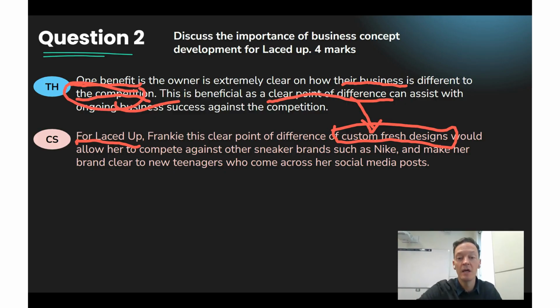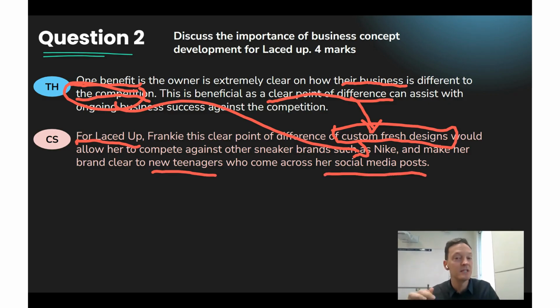So the competition, such as Nike, and make her brand clear to new teenagers who come across her social media posts. Specific things from this particular business that I've applied, why having a business concept is important for this specific one. Because Frankie's got very unique designs on her shoes, and she needs to be able to show teenagers how cool they are and be very clear on why they should go to her store and not others.